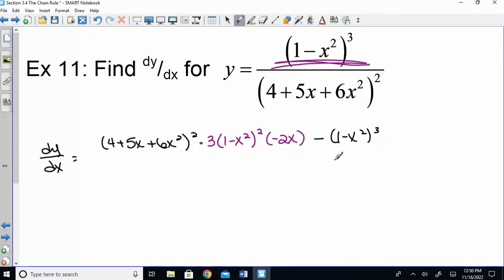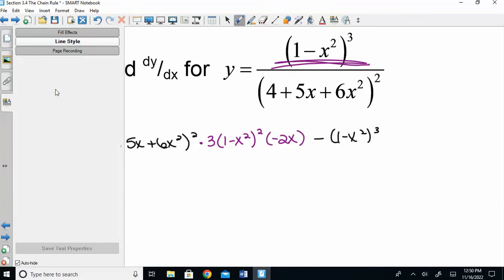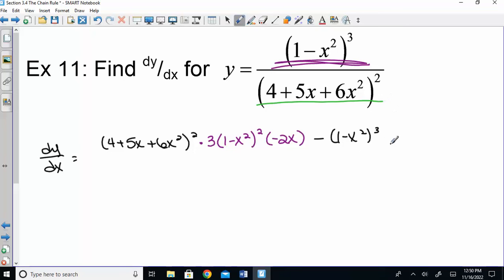Minus high d low. So derivative of the bottom. So 2 comes down. Inside stays the same. Subtract 1 from the power.